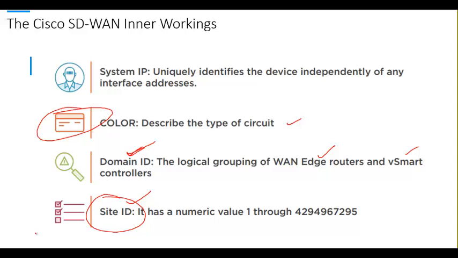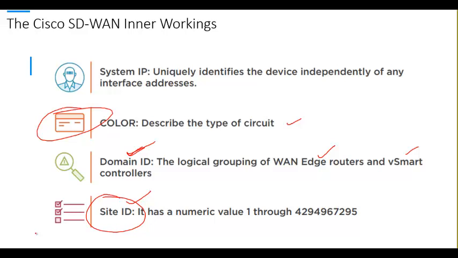So the WAN edge routers that have the same site ID will not share any TLOC information. So they don't establish a BFD tunnel. So site ID is very important. Every site needs to have a unique site ID.